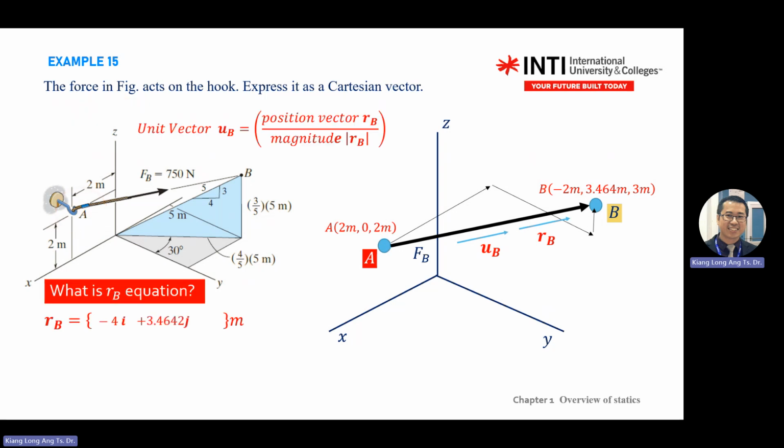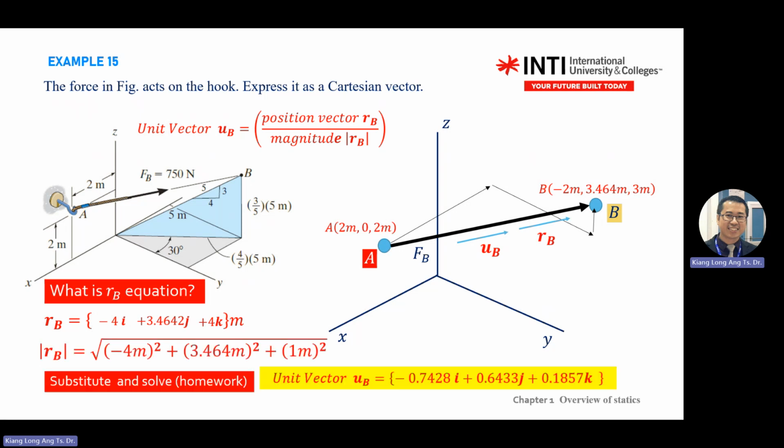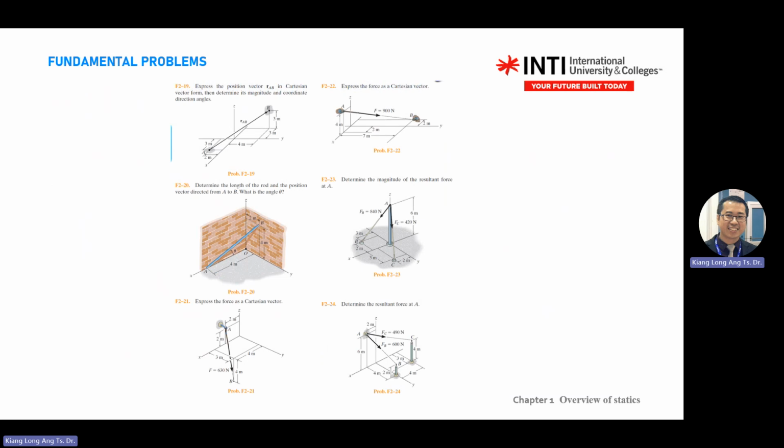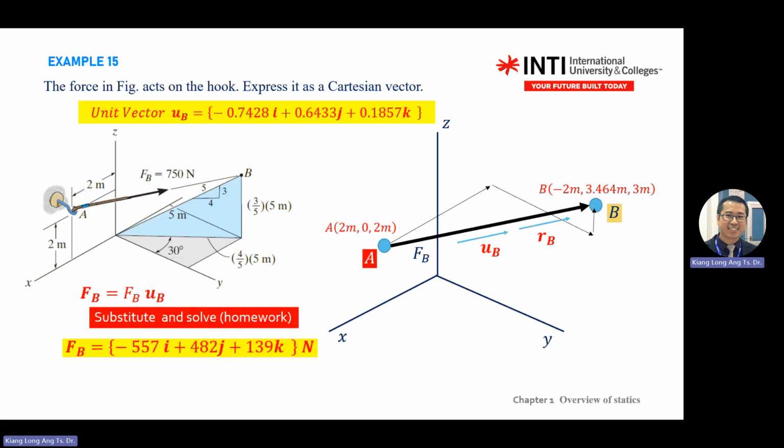Then you do your things. You calculate the UB, find the RB first. Then you calculate the magnitude, substitute, you get your U. After that, write F equal to magnitude plus direction of the force, which is your UB. You substitute, multiply, then you get the final answer.